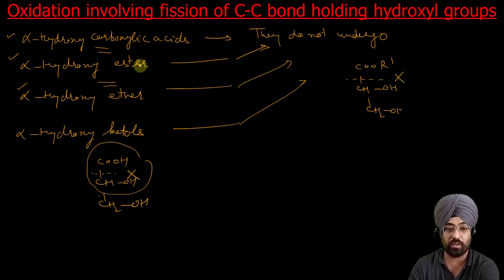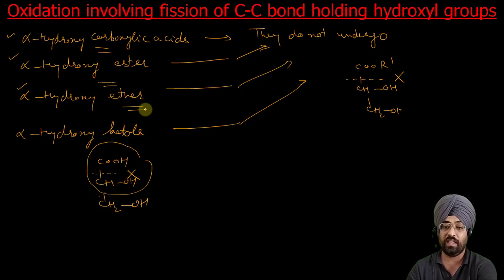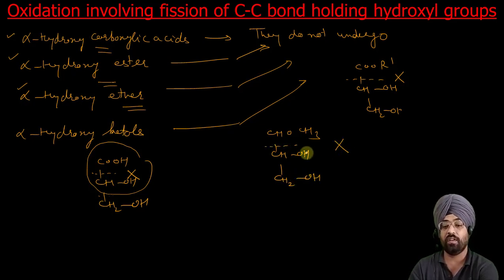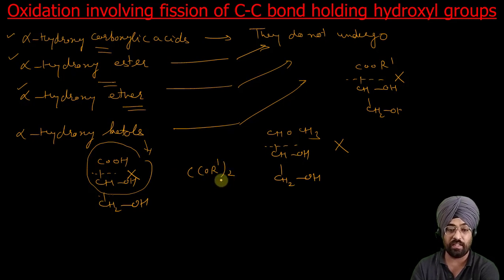Alpha hydroxy ethers: CHOCH3, so this is an ether, CHOH CH2OH. This bond will not be cleaved either. Alpha hydroxy ketols: COR twice, these are ketols, CHOH CH2OH, this bond will not be cleaved.